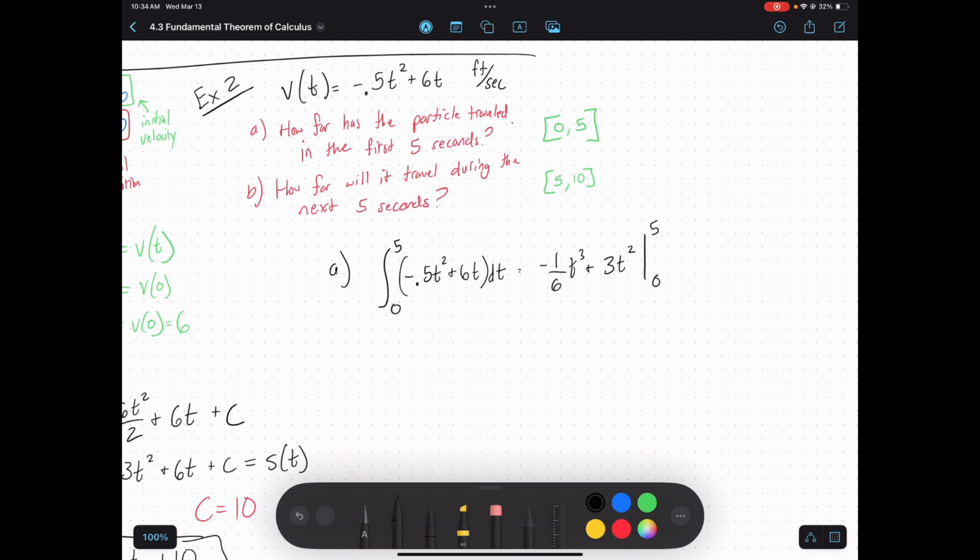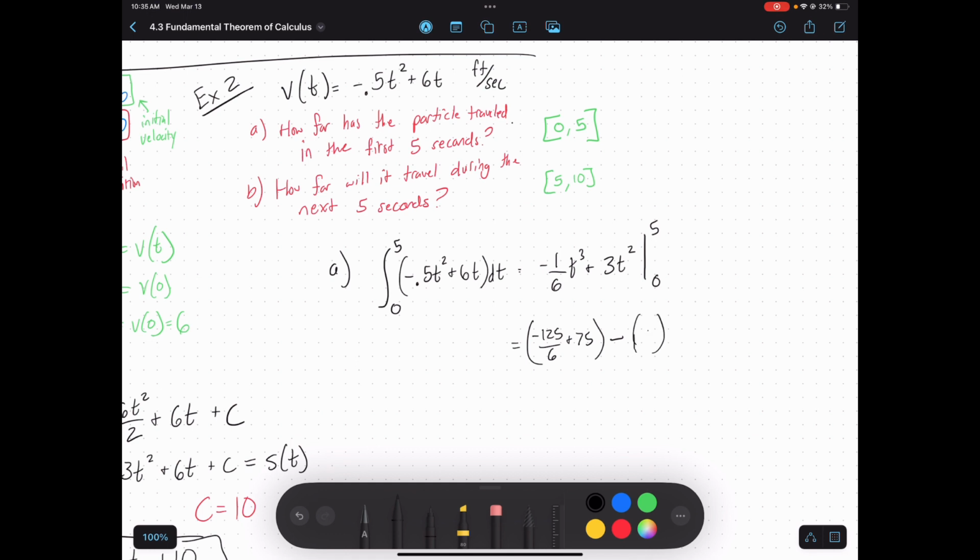When I plug in 5, I think I get negative 125 over 6 plus 75, minus, what happens when I plug in 0?